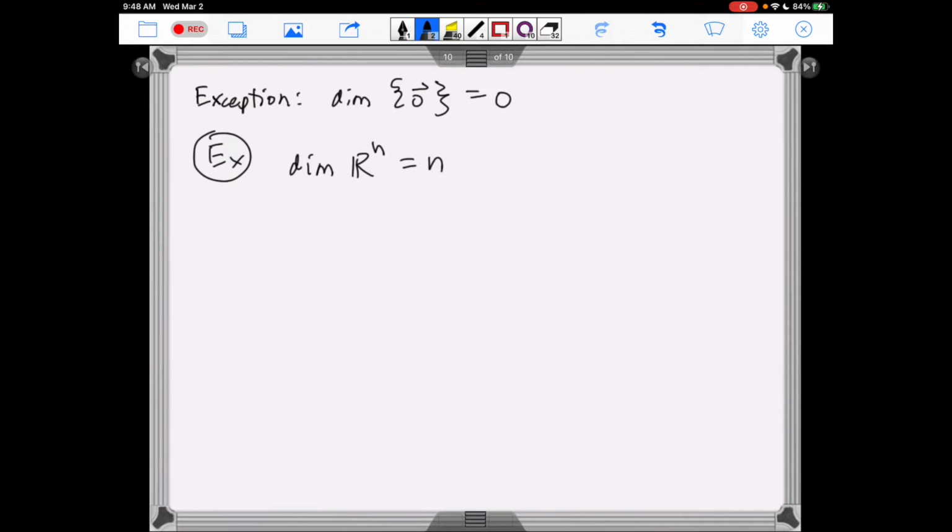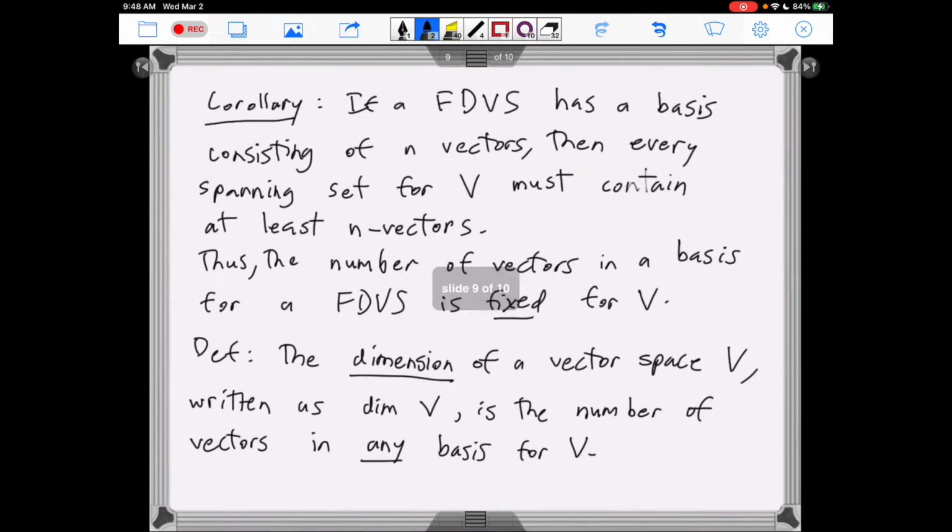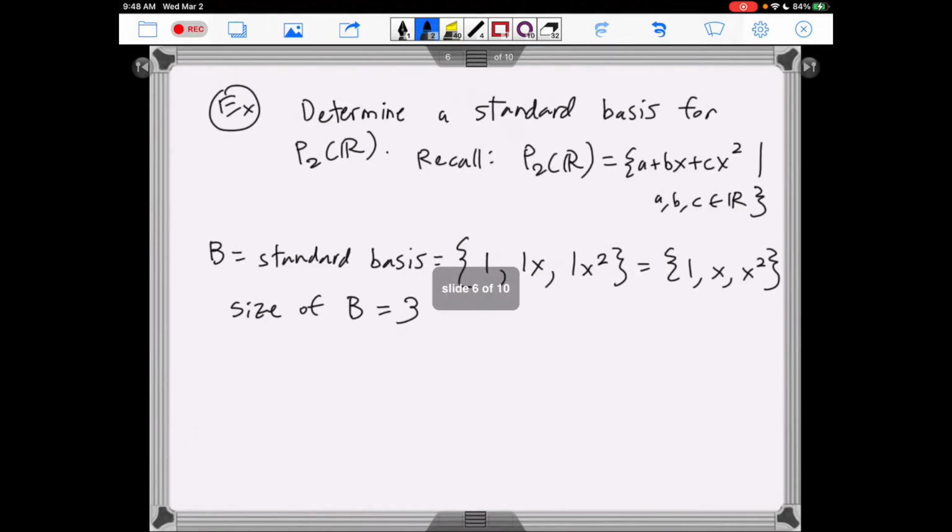Let's think about some more examples, okay? What is the dimension of Pn of R? These are polynomials of degree n. Well, before you blurt out a number, let's look at this last example that we did. Remember for P2R, we had dimension 3.